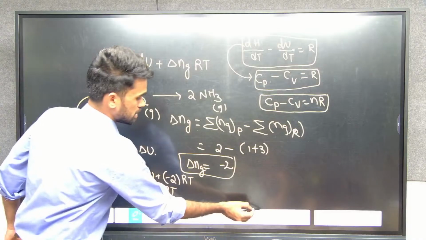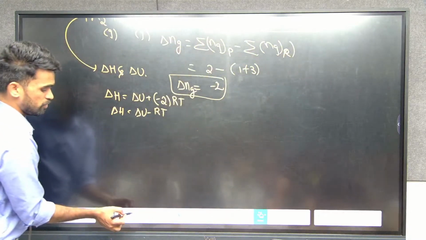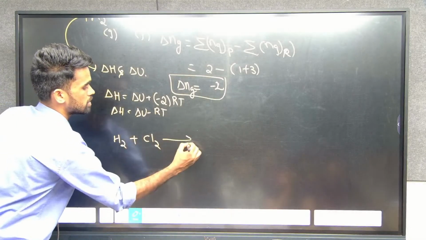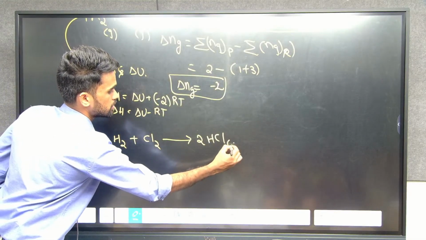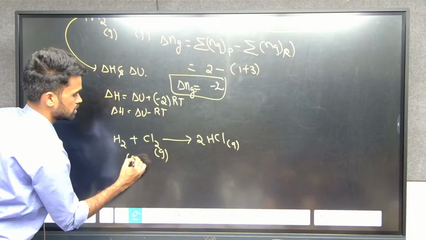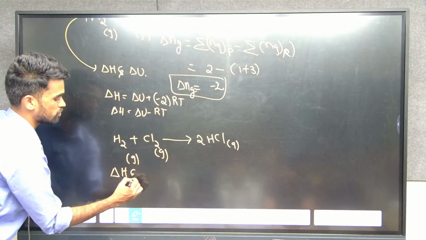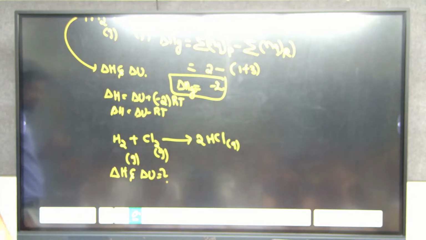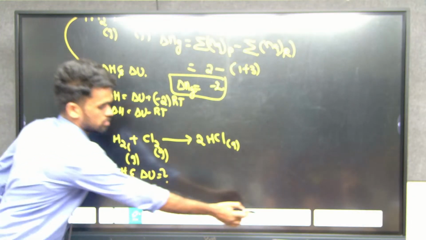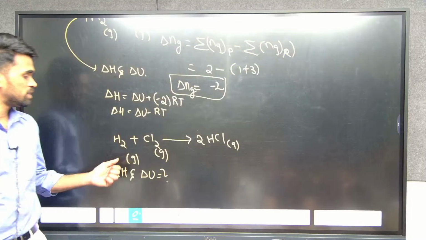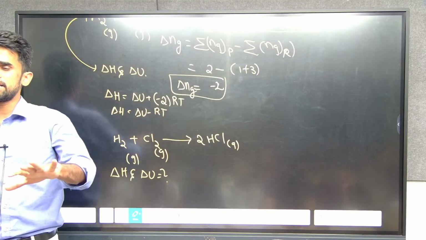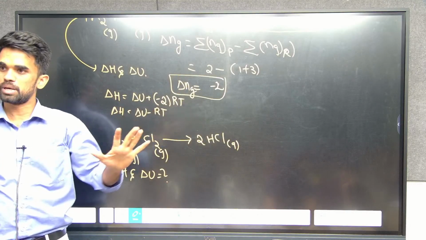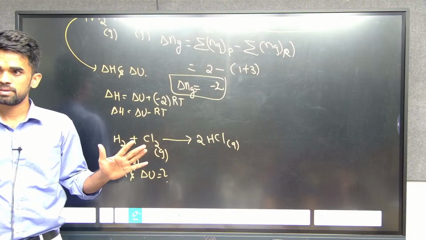Now you will see some questions on this, I will show you. But before that, tell me the relation for H2 plus Cl2 gives rise to 2HCl. Gas, gas, gas. So what is the delta H and delta U relation for this? If the physical states and temperature are not mentioned, consider room temperature, like 25 degrees Celsius.